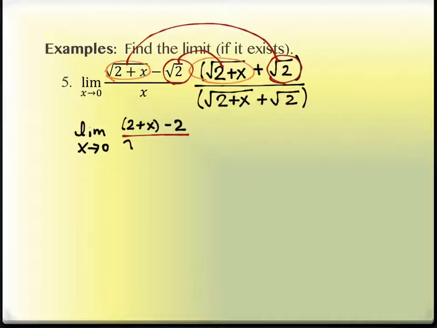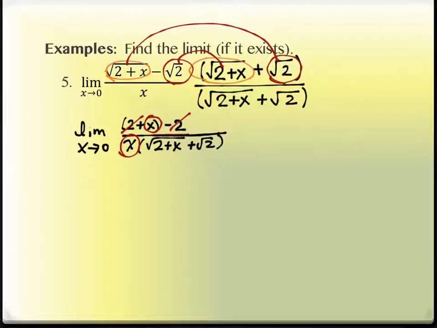All right, so the denominator still has an x, and it has the square root of 2 plus x plus the square root of 2. But what do you notice has happened to the numerator? What's my numerator? Yeah, the 2's cancel out. They add to 0. So there's that x and this x that can then divide out, right?